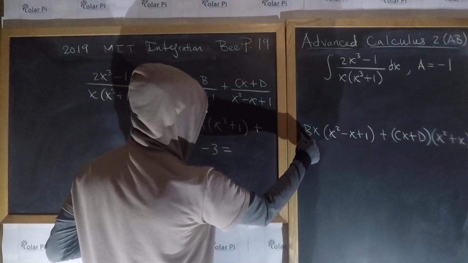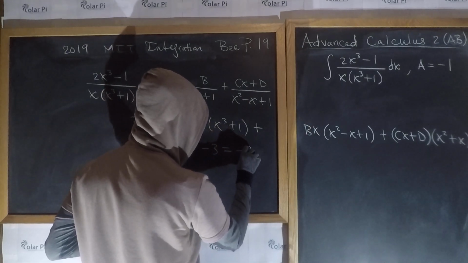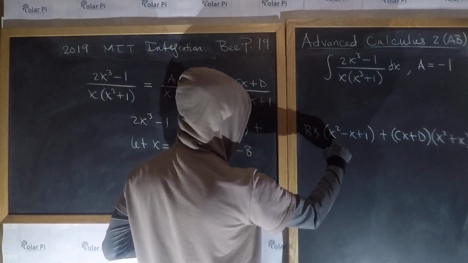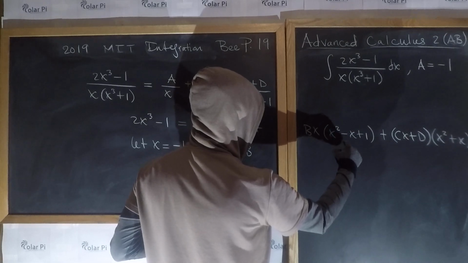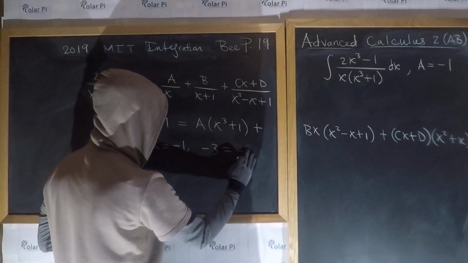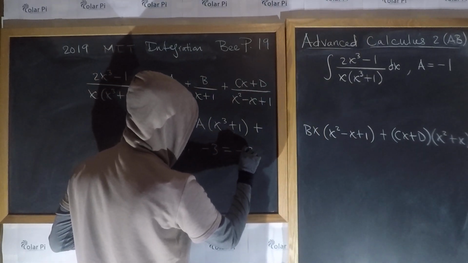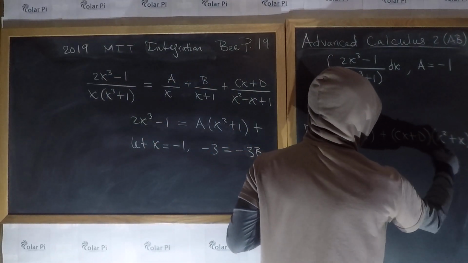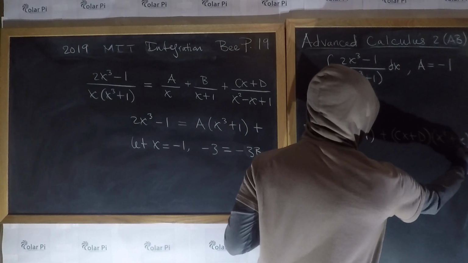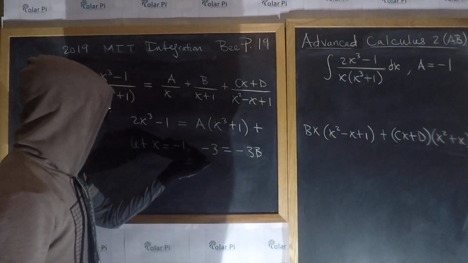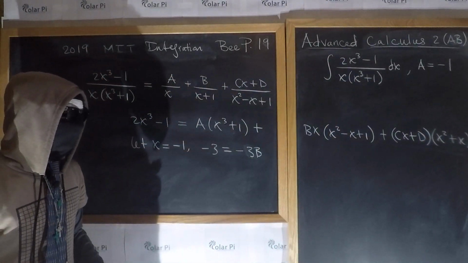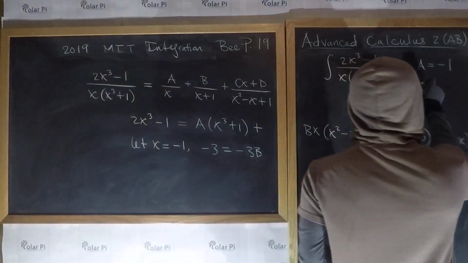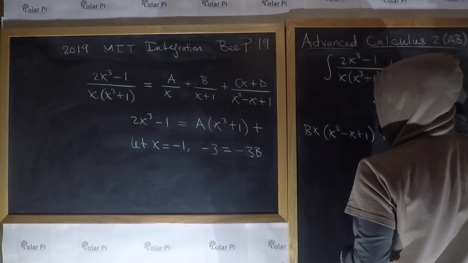And then here we get -b, right? -b, and then when we plug in -1 in here, we get 1 plus 1 plus 1, so that's actually -3b, right? And then when we plug in -1 here, we get 1 minus 1, which is 0, so this whole thing is 0. So -3 is equal to -3b, meaning b is equal to 1. Okay, cool. B is equal to 1.